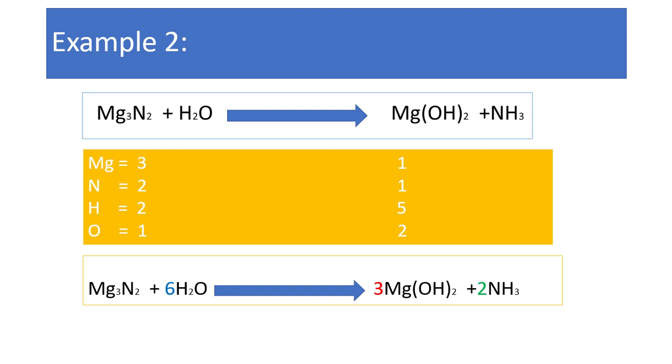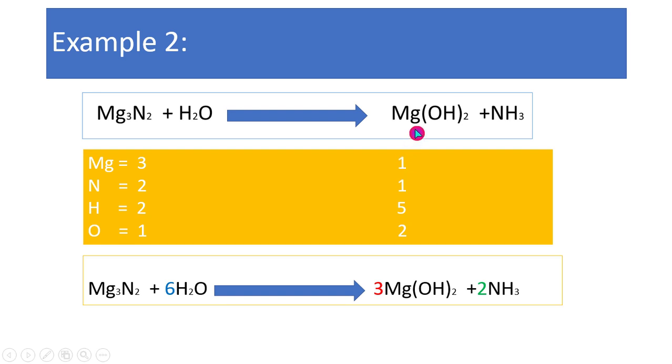Now we take the second example. In this example, magnesium nitride reacts with water and forms magnesium hydroxide and ammonia. In this equation, the number of magnesium atoms is 3 in reactants and 1 in products.